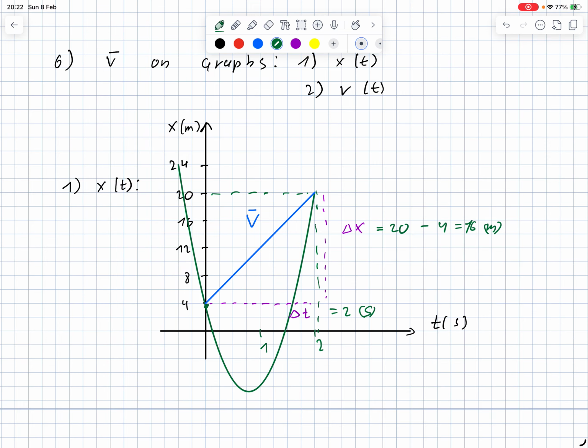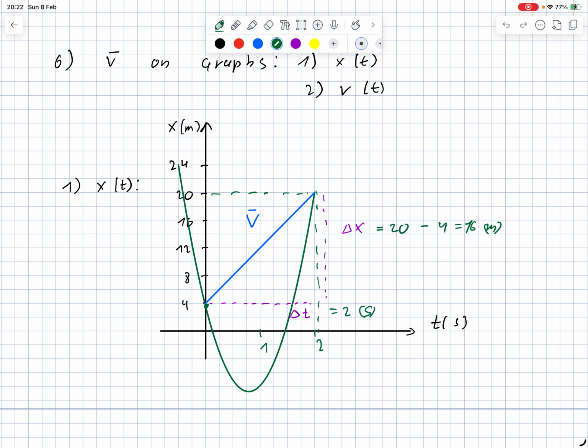It actually looks like, if you ask yourself, can I travel from initial time of 0 seconds to final time of 2 seconds, with the same displacement, but with constant velocity? You can say that average velocity is something like constant velocity because the slope is constant.